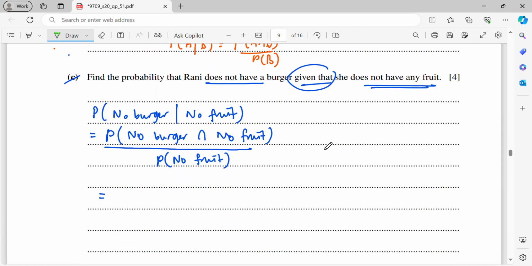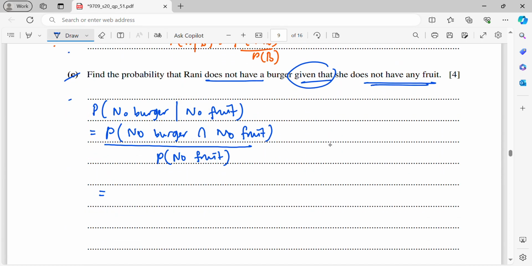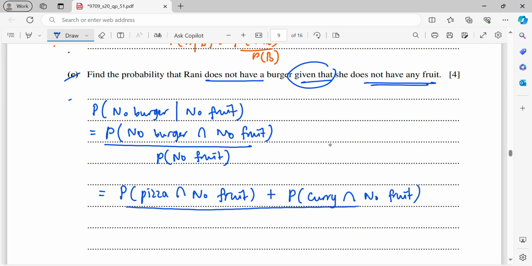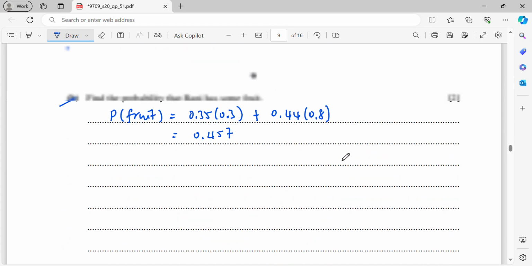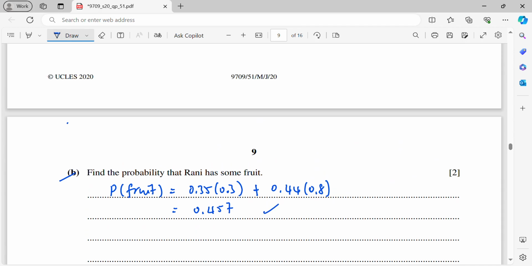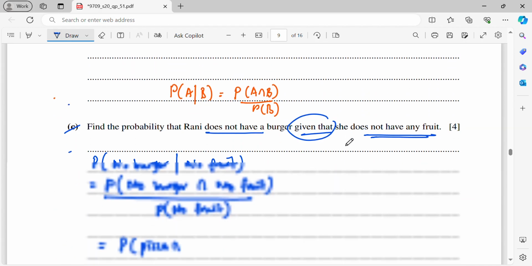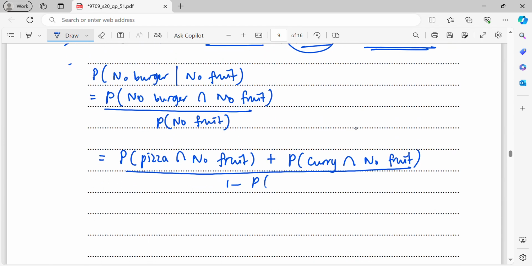That is pizza and no fruit, or is plus curry and no fruit over no fruit. Okay, no fruit means that it must be, see, you can just use 1 minus with fruit. So 1 minus P fruit.